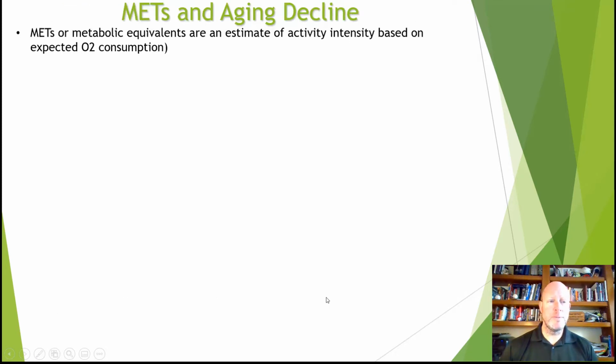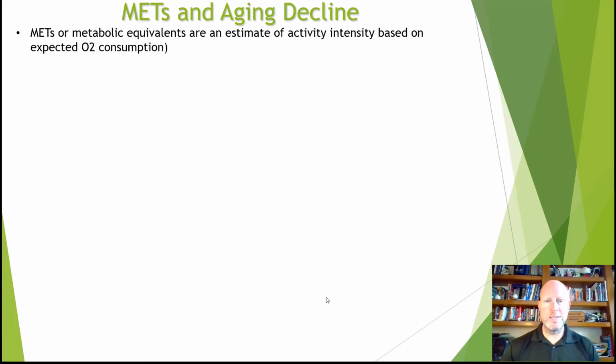And that said, METs, or metabolic equivalents, are an estimate of activity intensity. They're based on expected oxygen consumption. That has been formulated over time, trying to find a reasonable level that people internationally, doing research in other parts of the world, not just other parts of the country, between universities and all sorts of different levels and areas of population, can agree upon, so we can see consistency in what values we're getting from performance in research. From that standpoint, that makes sense.